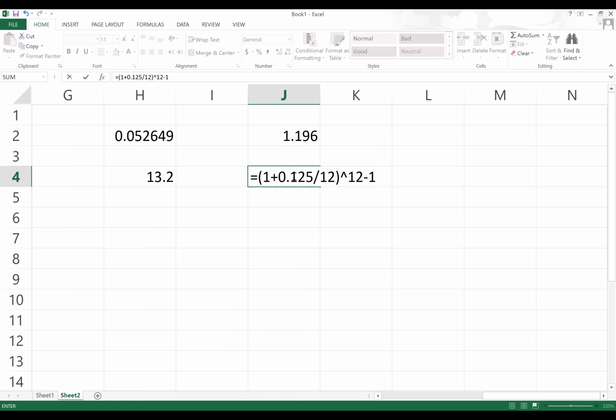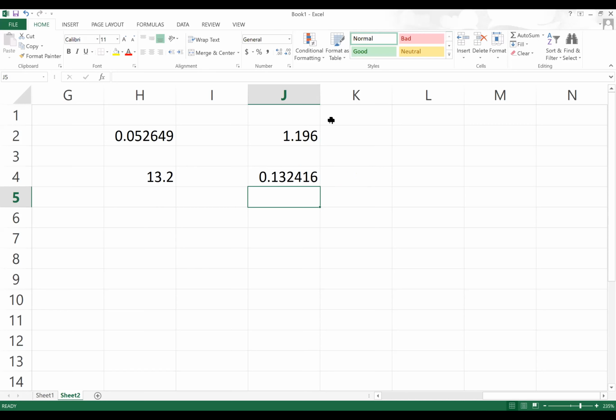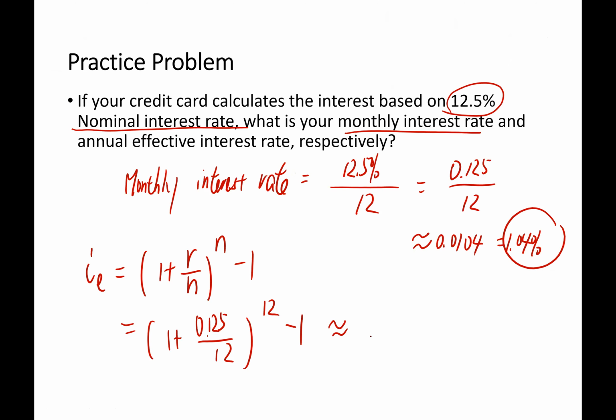The result, run to 4 decimal places, is 0.1324. So the actual interest rate is 0.1324, meaning 13.24%.